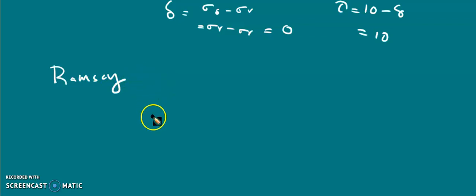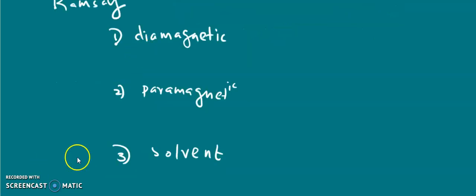There are three types of contribution to the screening constant. One is diamagnetic, second one is paramagnetic, and third one is solvent. The diamagnetic one is related to the circulation of the electrons, which generates a magnetic field opposite to the applied field. This is the one we have discussed now, and therefore there is a shielding of the nucleus by the electrons. So the effective magnetic field decreases.